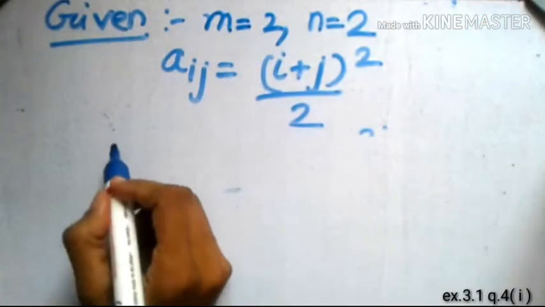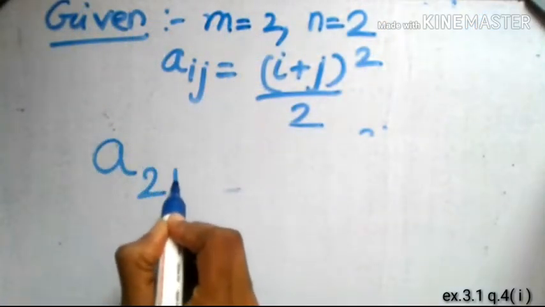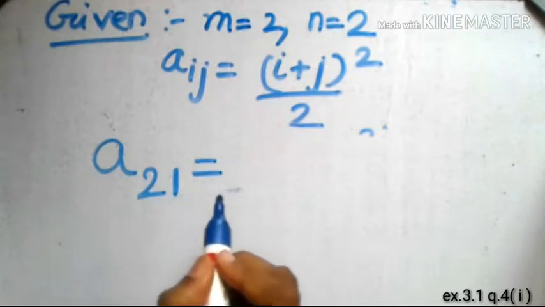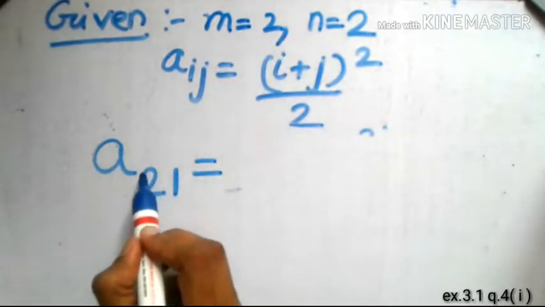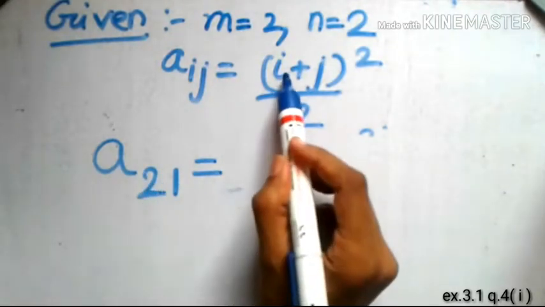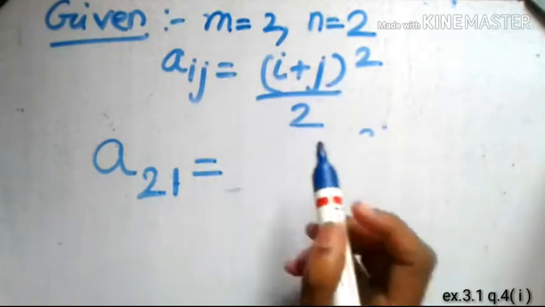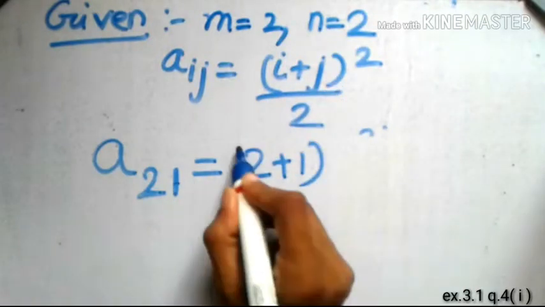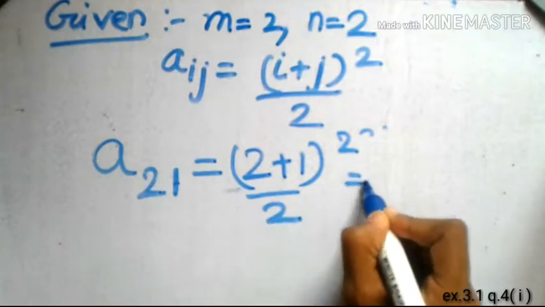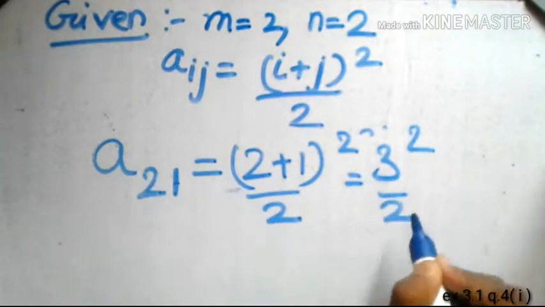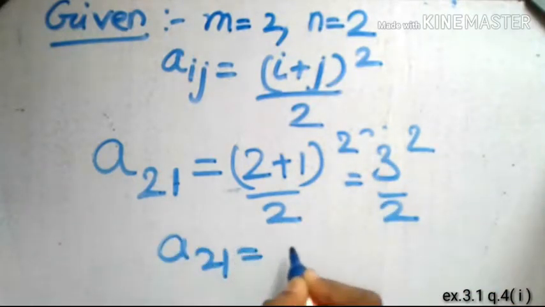The next matrix element is A21. Again I will substitute 2 for i and 1 for j. So I'll get (2 plus 1) the whole square divided by 2, which is again 3 squared by 2. So I'll get A21 as 9 by 2.